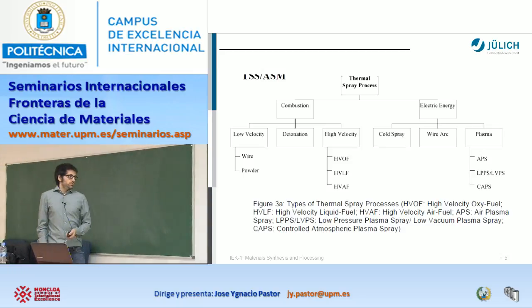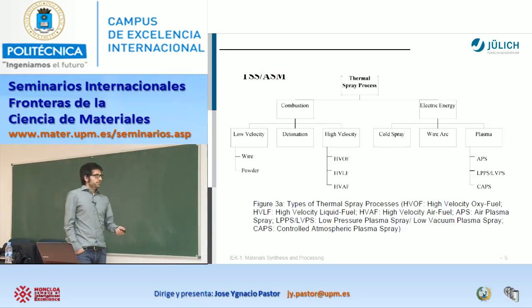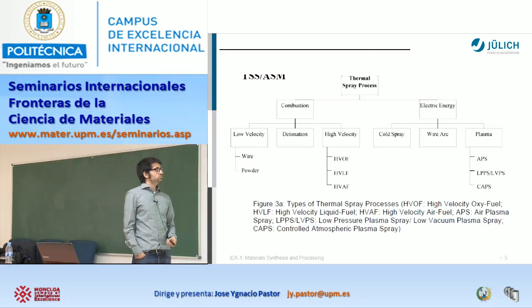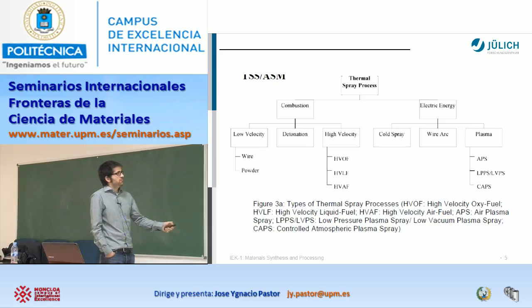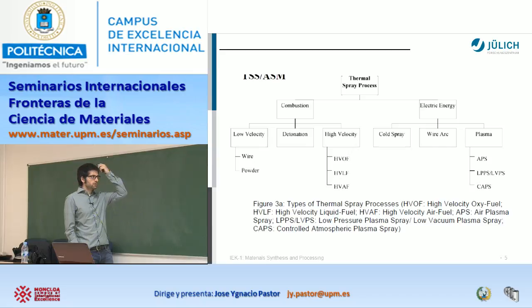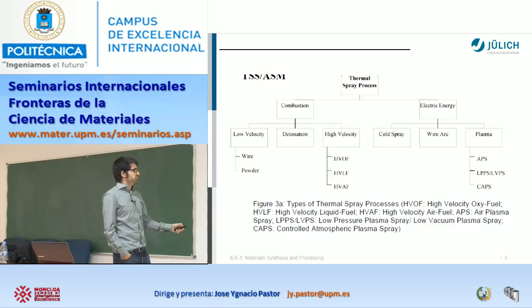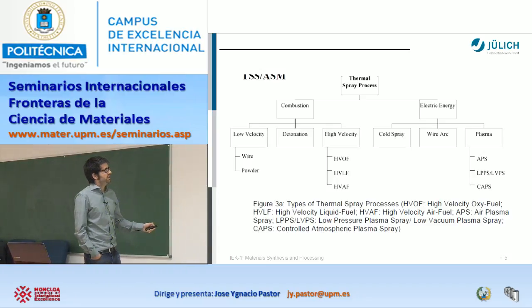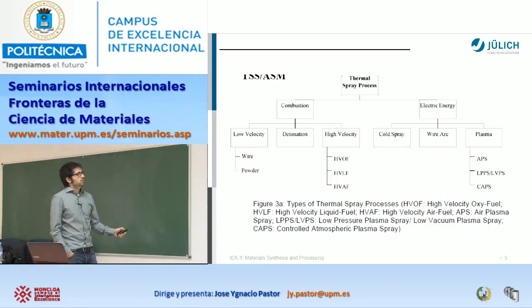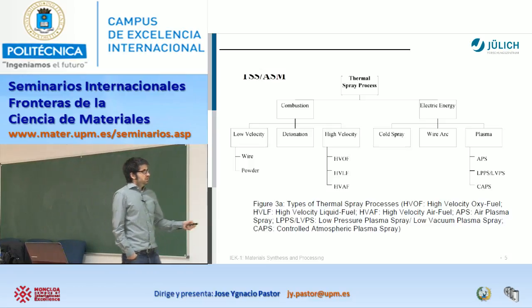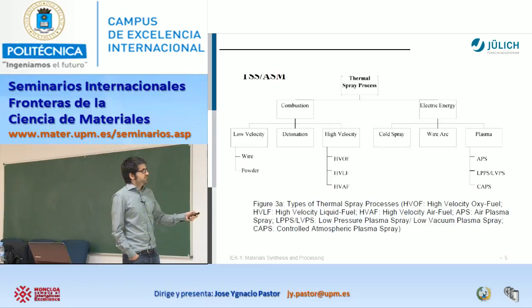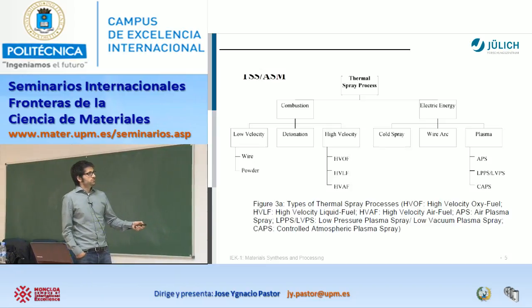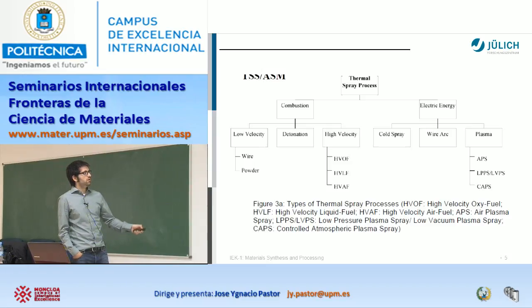Well, processes. There are, as you can expect, several processes to do it, and I found in one book what I think is a good scheme of how it's organized, okay? There are mainly two possibilities, by combustion or by electric energy, okay? Within the combustion, there are low velocity, detonation, and high velocity, and I will mainly not talk about that.